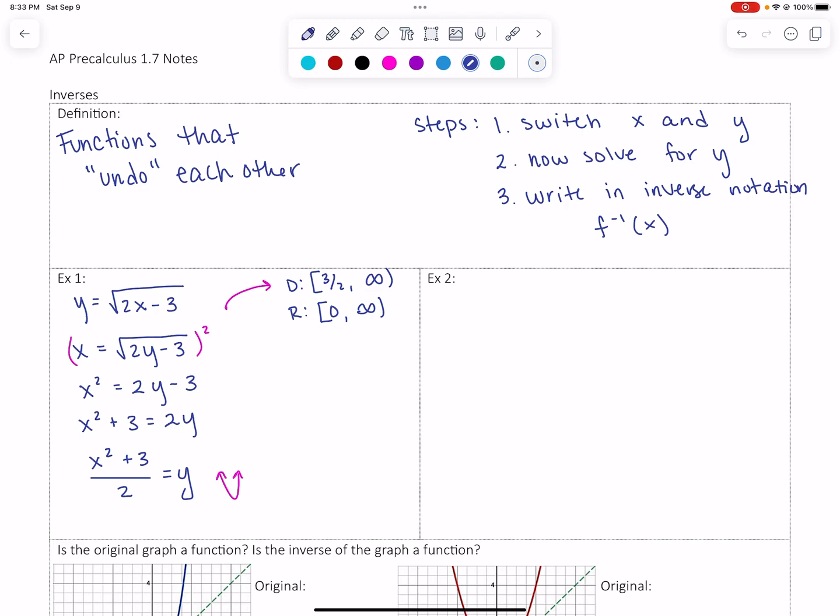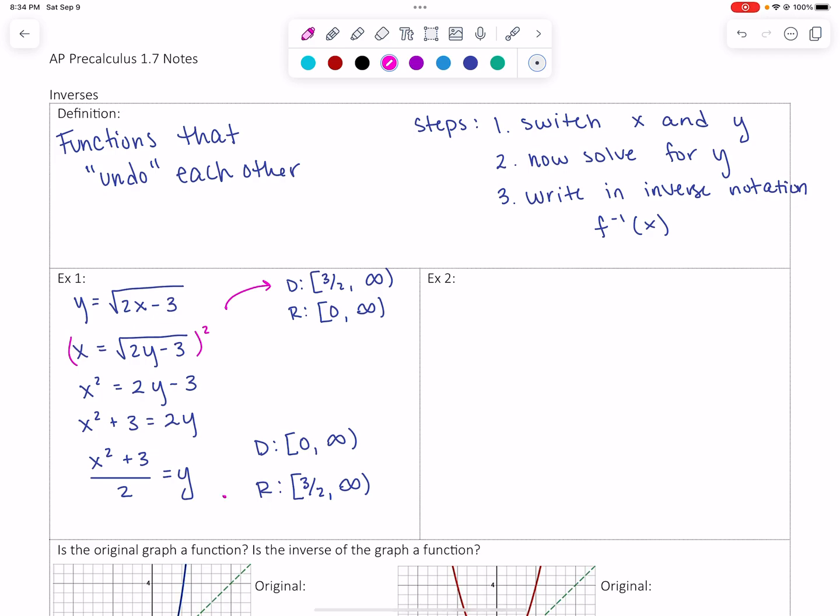But we now know, hey, in order to restrict our inverse, we're going to take the range. It's supposed to be a D for domain, so let's make that look like a D. Domain of this is now going to be 0 to infinity, and the range is going to be from 3/2 to infinity, which now makes this function look like half a parabola.